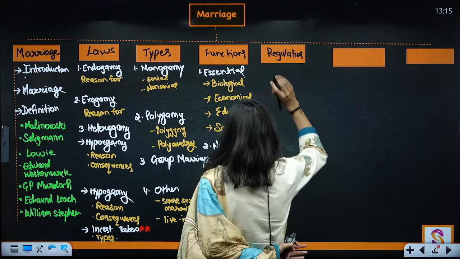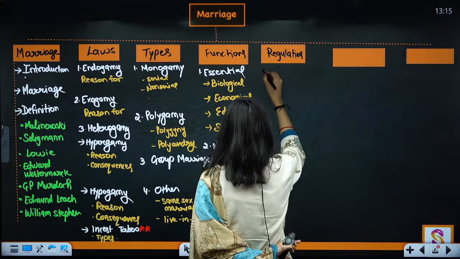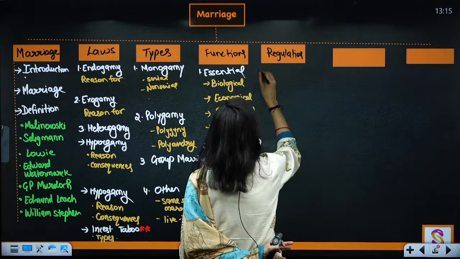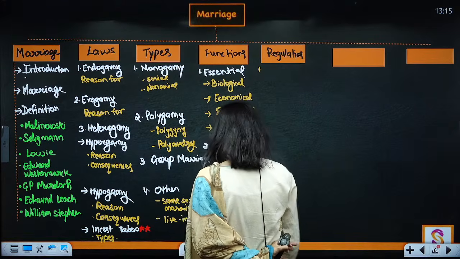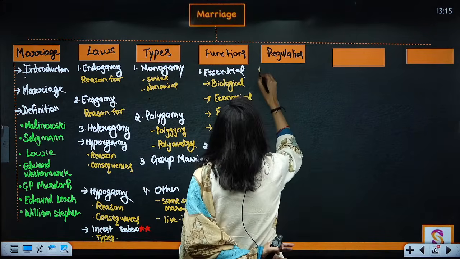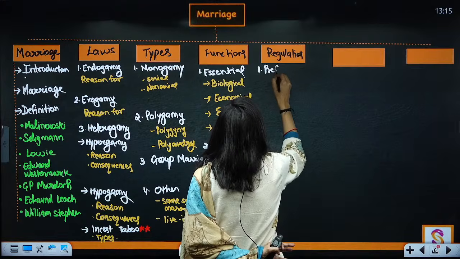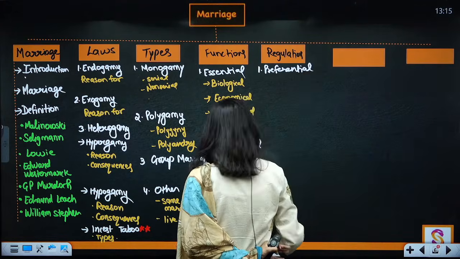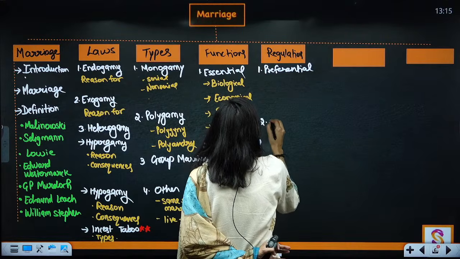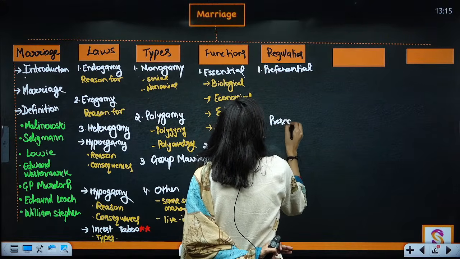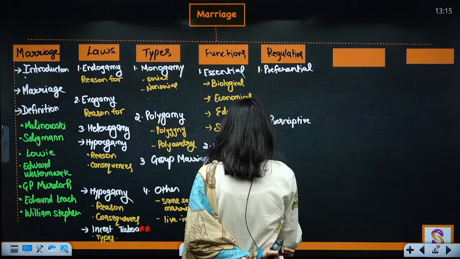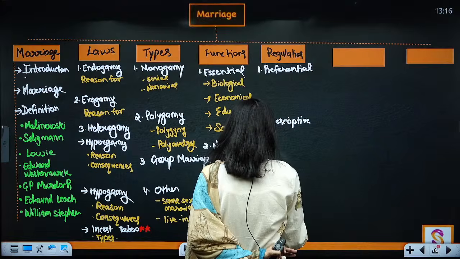So in terms of regulation, we are going to mention the different forms of marriages. The first that we are going to do here, with a white color pen, is preferential. Preferential regulation, then prescriptive, and then proscriptive.